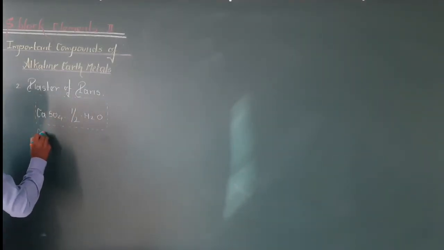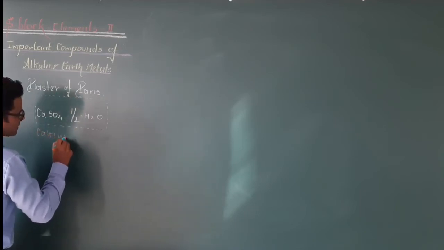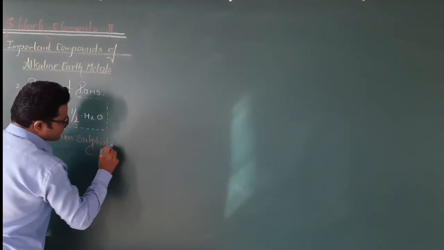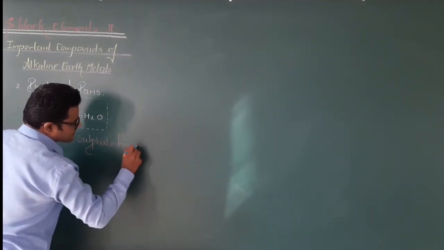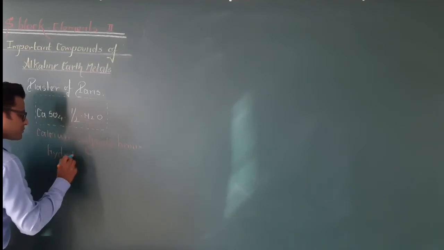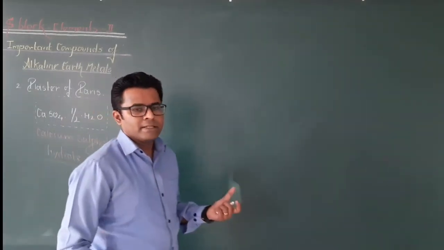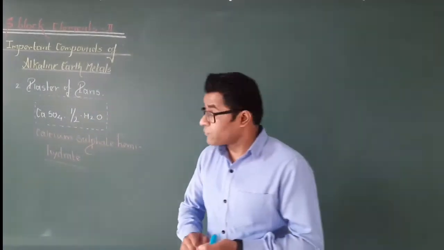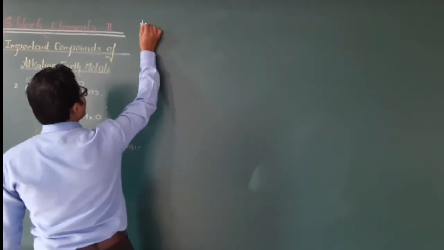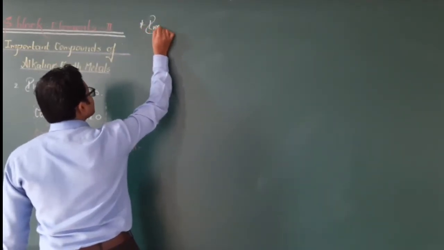as calcium sulfate hemi, hemi refers to half, hemihydrate. Okay, so this is the scientific name of plaster of Paris, and that is calcium sulfate hemihydrate. Now, as we take a look into its preparation, let's start with the first one, and that is going to be the preparation.